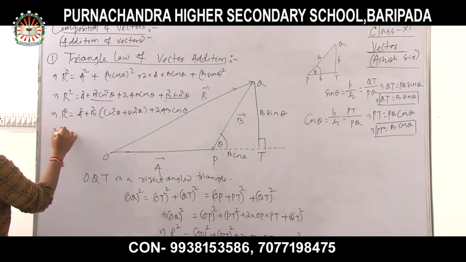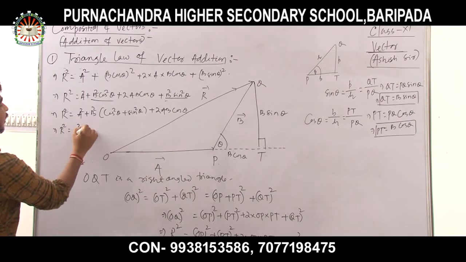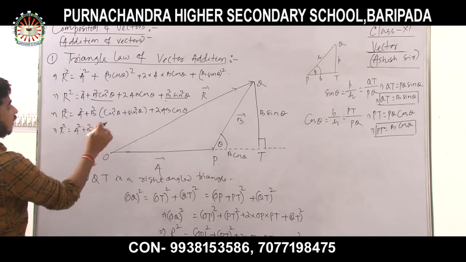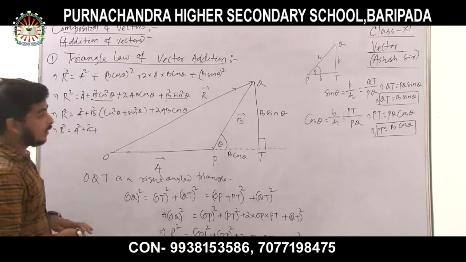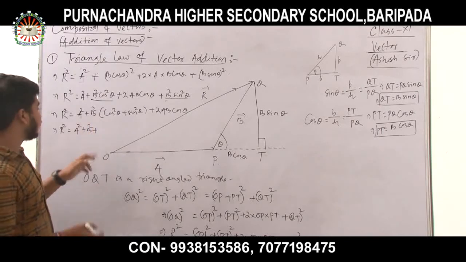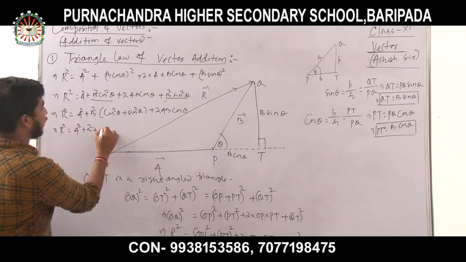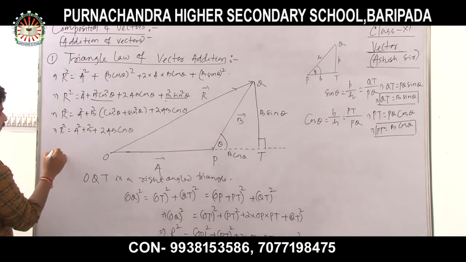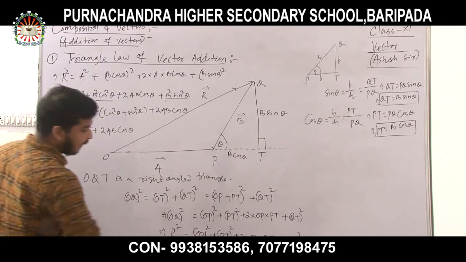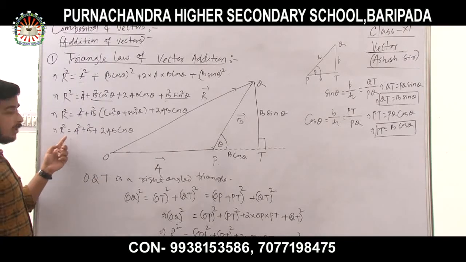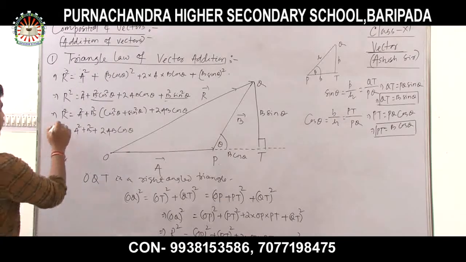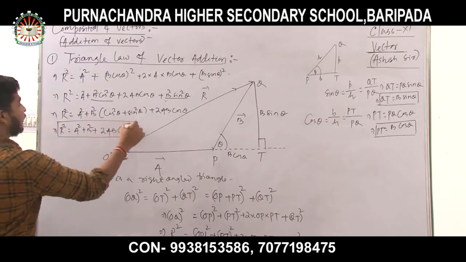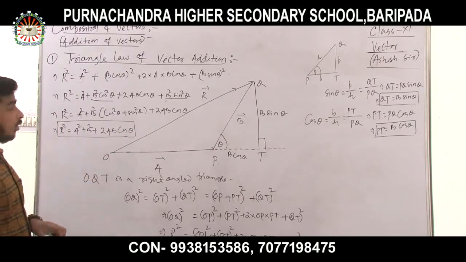Cos square theta plus sin square theta is 1, and 1 multiplied with B square is B square. So R square is equal to A square plus B square plus 2AB cos theta. This is the resultant vector.